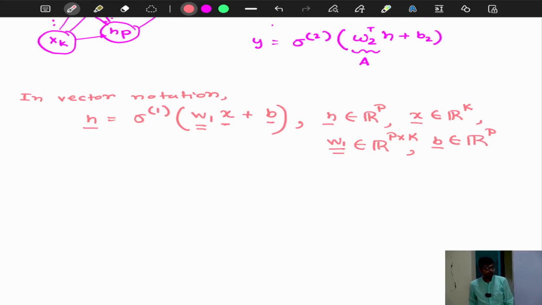Clear? Keep in mind I have written W1 and not W1 transpose. You can write either. Both are correct. The only change will be whether it will be P cross K or K cross P. Because at the end of the day you are learning this, so it will automatically get itself arranged. So it should not be a problem.